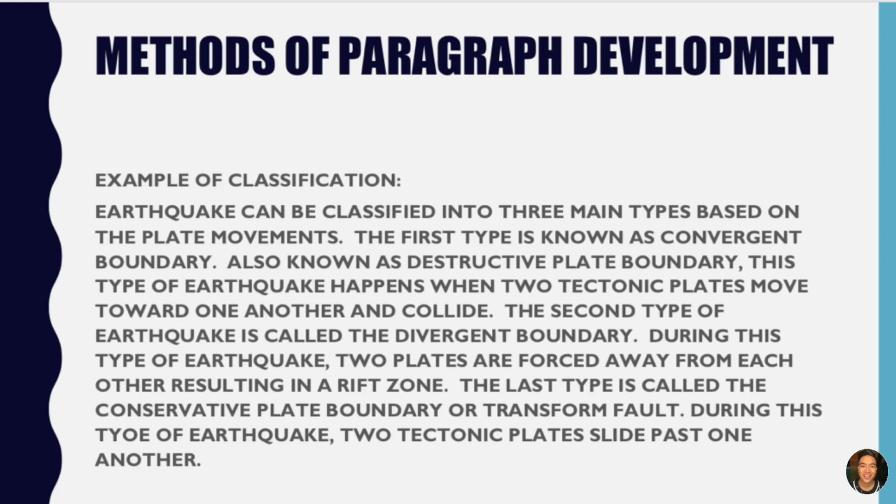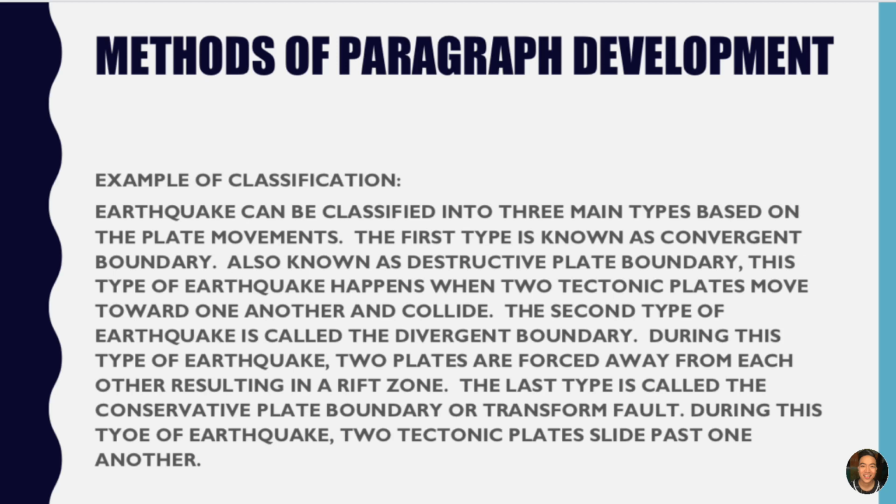Earthquakes can be classified into three main types based on the plate movements. The first type is known as a convergent boundary, also known as destructive plate boundary. This type of earthquake happens when two tectonic plates move toward one another and collide. The second type of earthquake is called the divergent boundary.